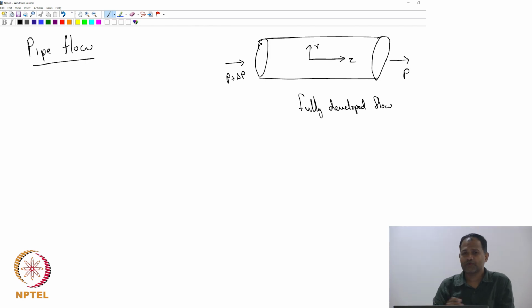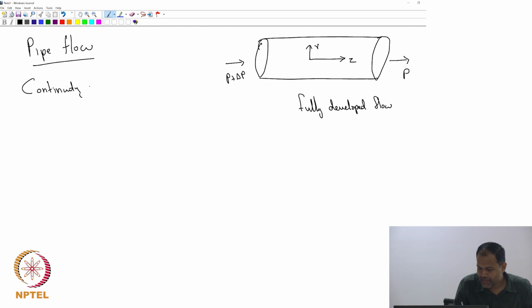So what is the first thing to do? We will write down the governing equations, which is continuity and momentum equation. We will start with the continuity equation and we will make a few more assumptions. We derived the continuity equation yesterday. What was that?